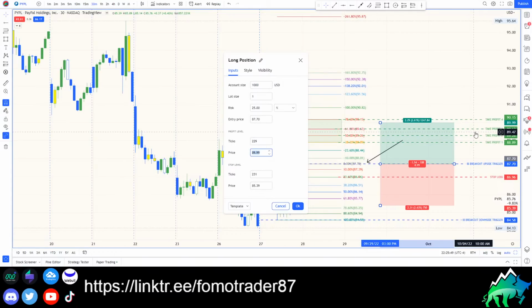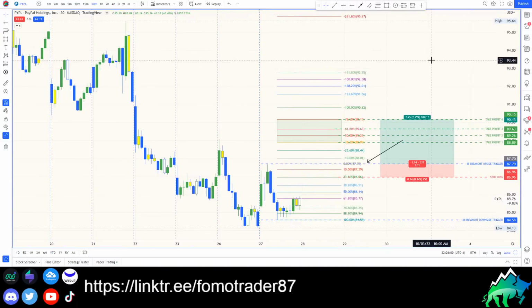Our final price target would be 90.15, and our stop loss would be 86.96. 3.31. So basically you're risking $1 to make $3.31.